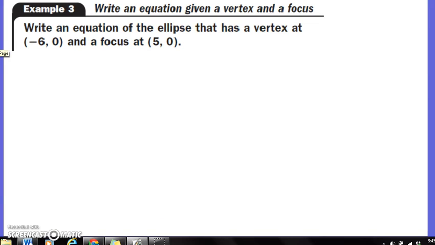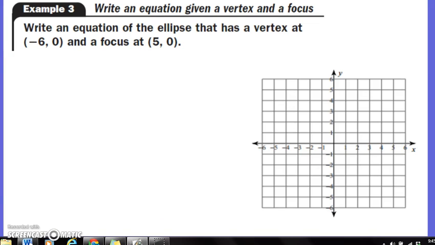All right. This says write an equation of an ellipse that has the vertex at (-6, 0) and focus at (-5, 0). So (-6, 0) is right here, and again we'll have one on the other side, and the focus is (-5, 0), so we'll have another focus. So we have nothing along this y-axis. But we do know that the equation is c squared equals a squared minus b squared for our foci.